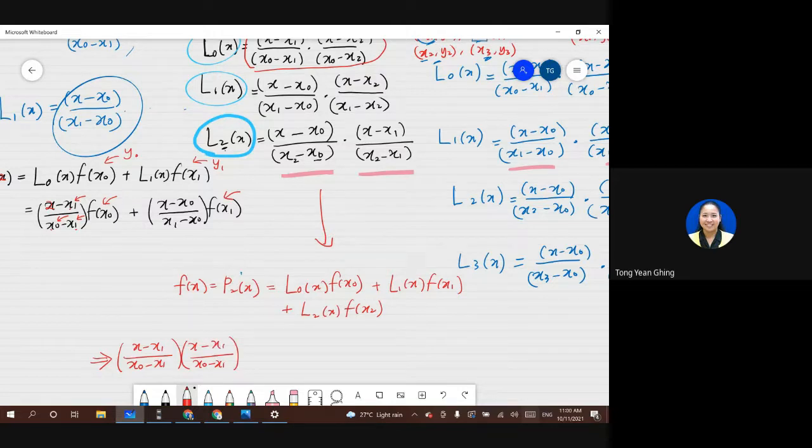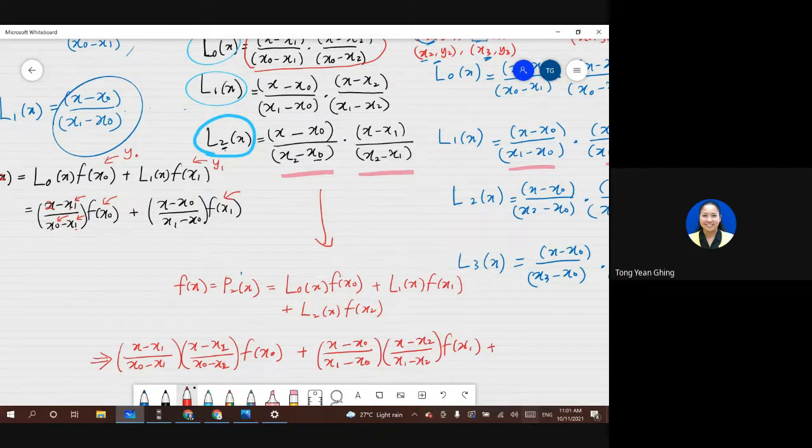Sorry, this one x1 already, it is x2, sorry. So times f x0, plus x1 minus x0, x minus x0, x1 minus x2, x minus x2, this one f x1.